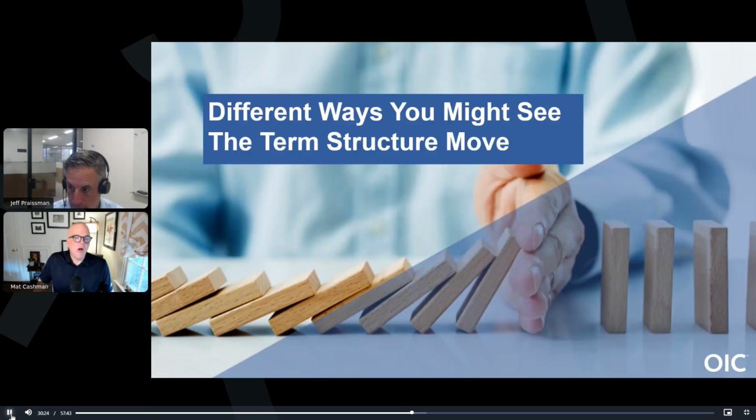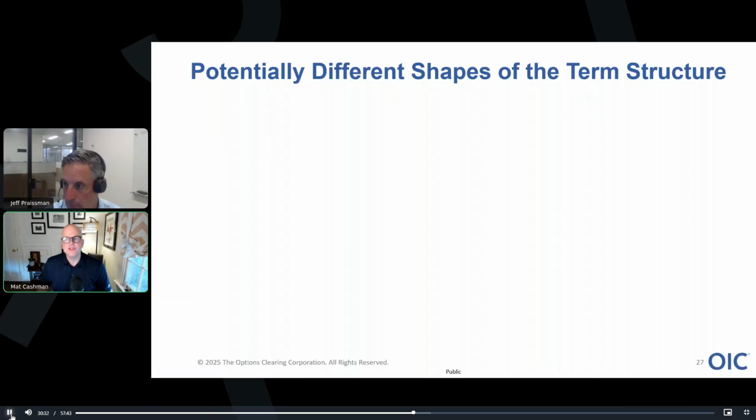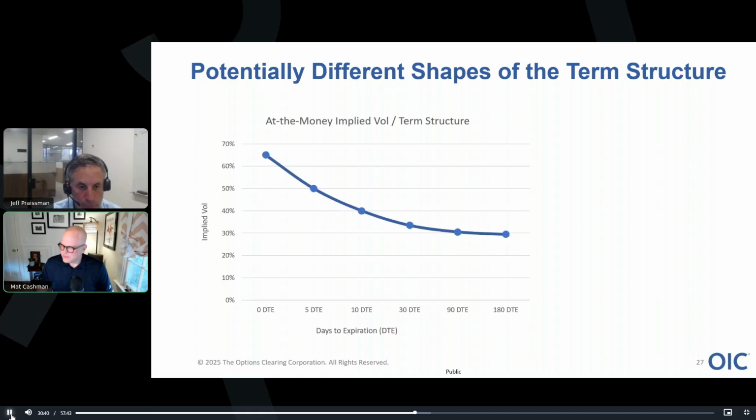All right, let's talk about term structure, because as I said in the beginning, oftentimes I think people miss the idea of what term structure is telling you as to how and why the options market is pricing things the way that it is. This is what I would say is kind of like a normal-ish term structure.